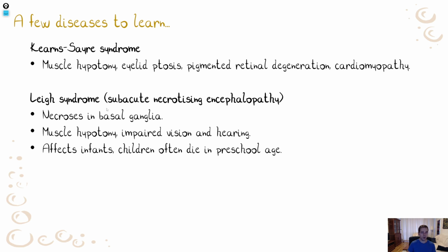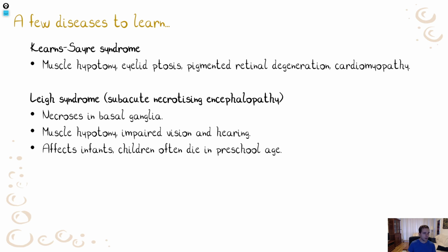Leigh syndrome, also called subacute necrotizing encephalopathy, is a disease which is quite severe. It affects infants, and the children very often die in preschool age. And if you hear the term subacute necrotizing encephalopathy, it means that there is very often even necrosis in the basal ganglia of the brain.